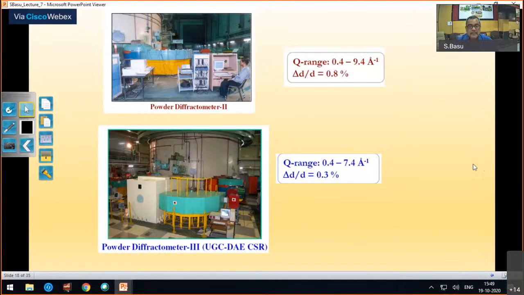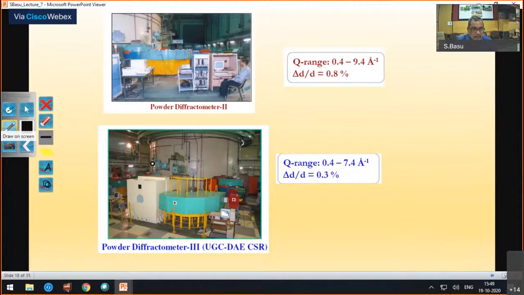So I am just showing you two instruments here. This is the reactor block, as you see, and you can see this curved thing. Here also you can see this thing. This is very interesting actually. Before I describe what is inside, you see the Q range of these instruments.